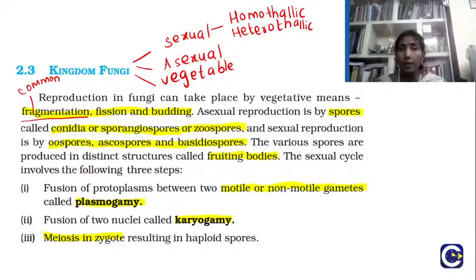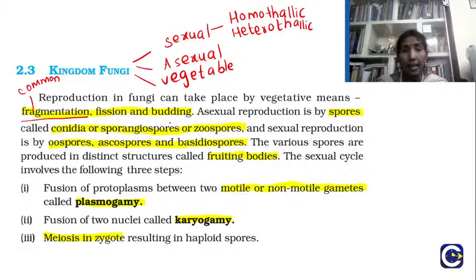Which is the most common one? It is fragmentation. That is where new mycelia are produced under favorable conditions.